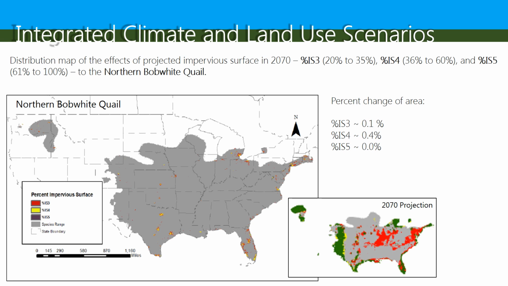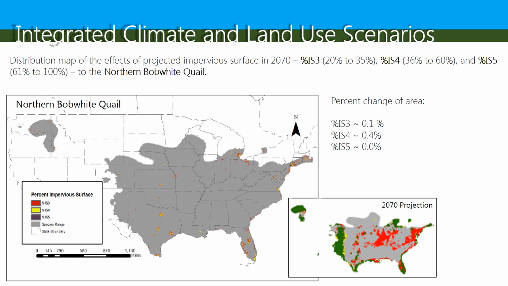For example, the percent IS3 are ICLUS pixels covered by 20% to 35% impervious surface. Percent IS4 are pixels that are covered by 36% to 60% impervious surface, and percent IS5 are pixels covered by 61% to 100% impervious surface.